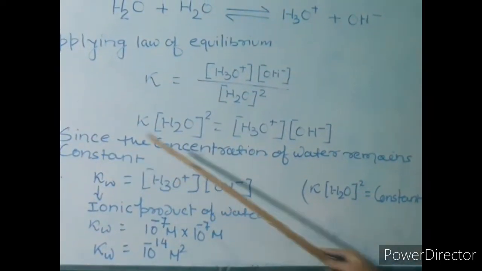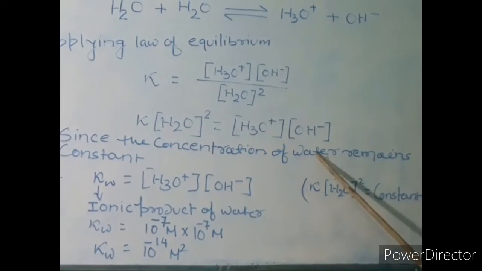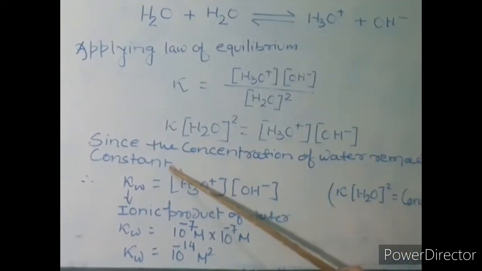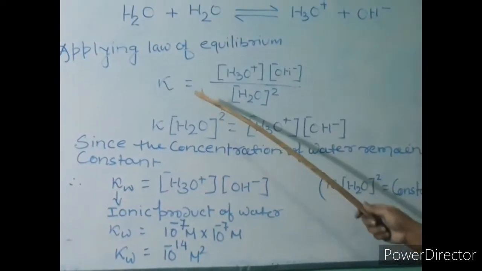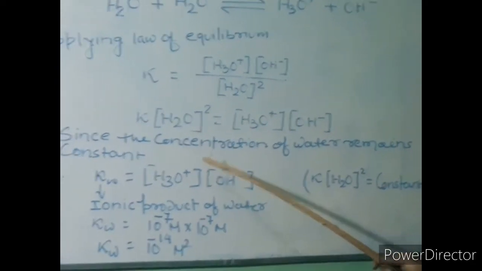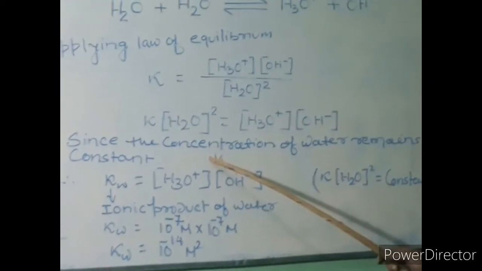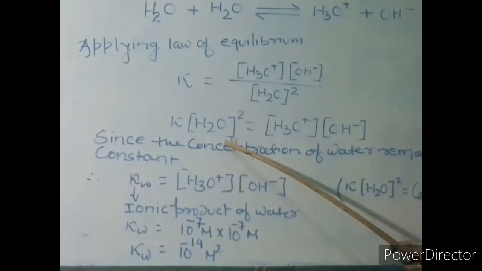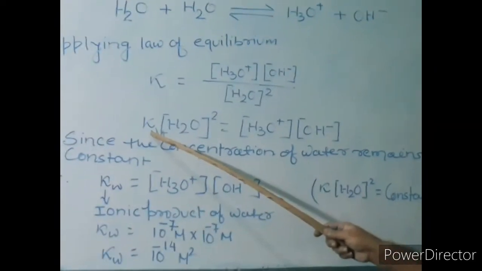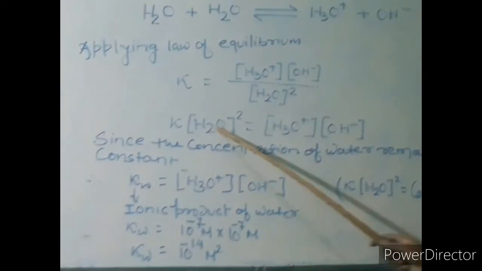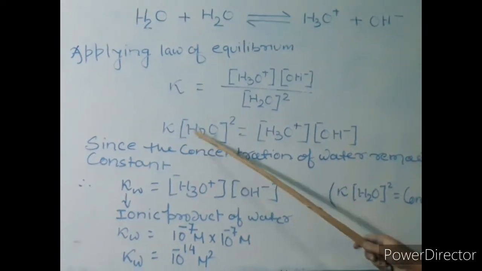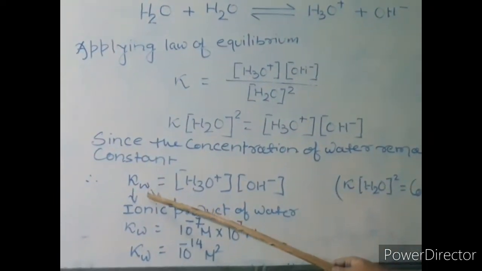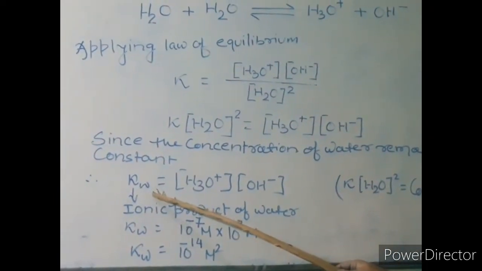Since the concentration of water remains constant during this process, it means it is a constant. So now K is a constant and H2O is also constant. In place of these two constants, we make use of Kw.